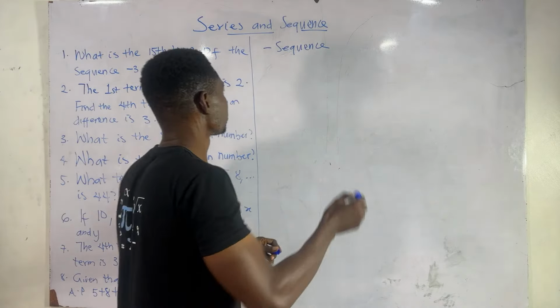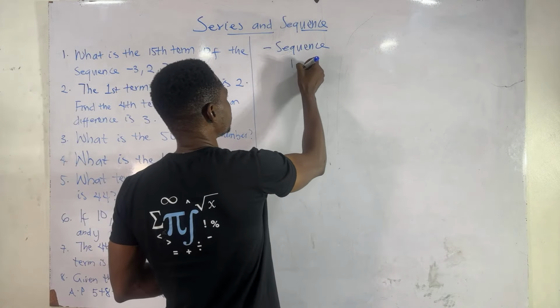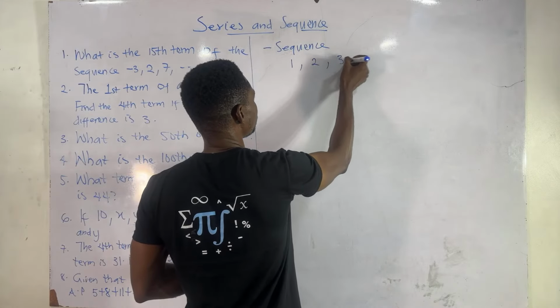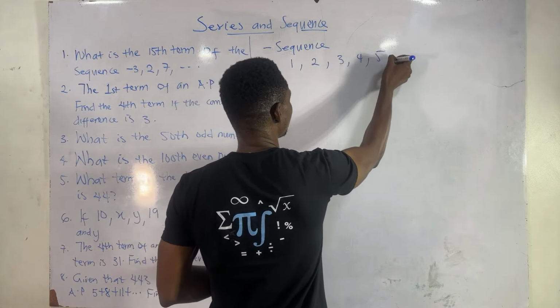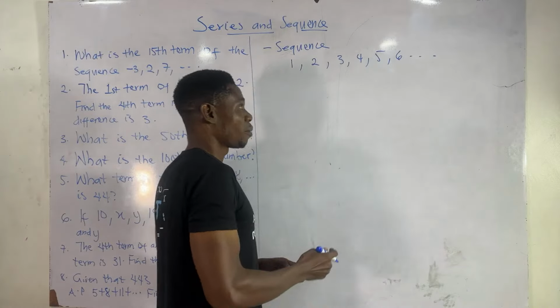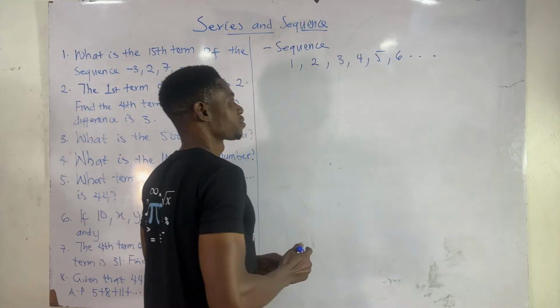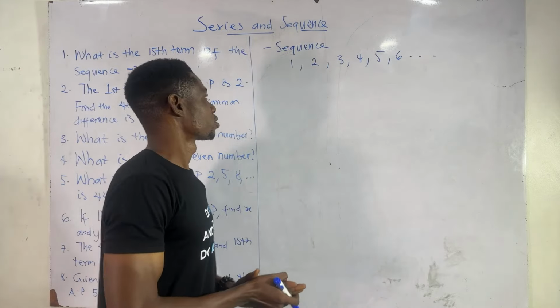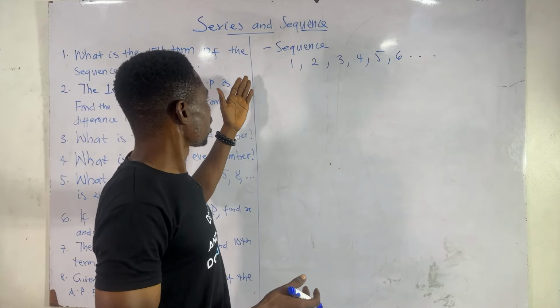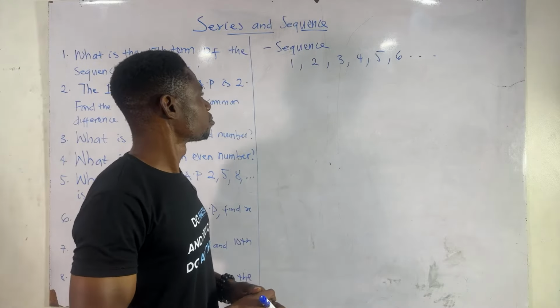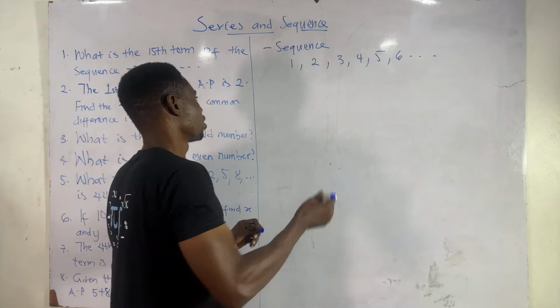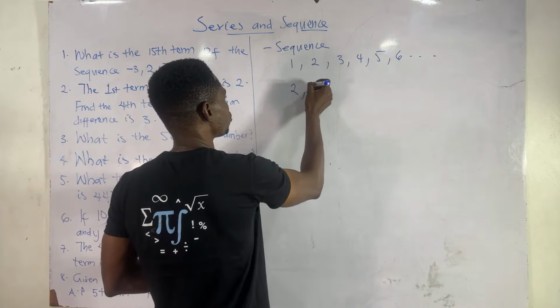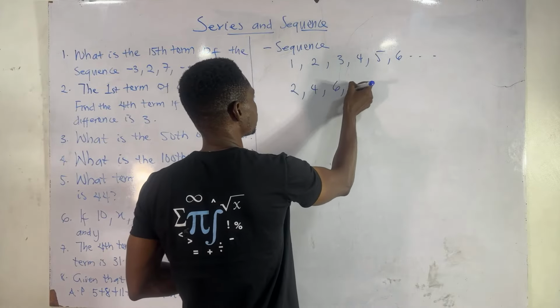So let's say we have 1, 2, 3, 4, 5, 6, and so on. I believe you can tell me the next three: 7, 8, and 9, right? So now this is a sequence, because it's an ordered pattern.